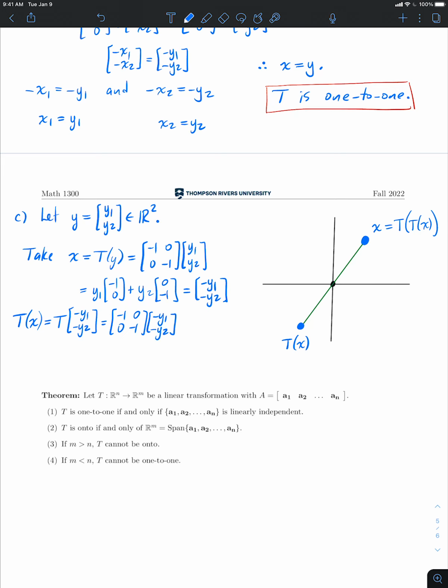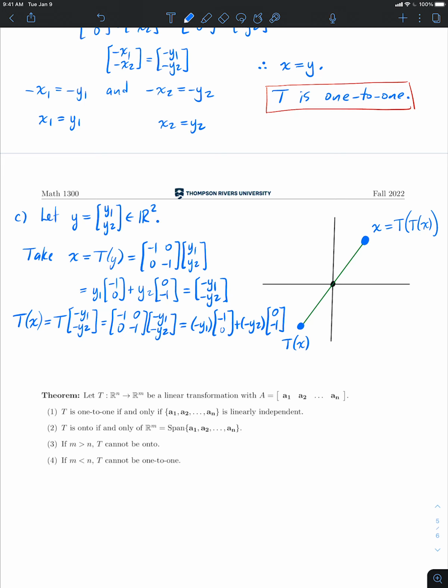How will that work? We'll have negative y1 times the vector negative 1, 0, plus negative y2 times the vector 0, negative 1.